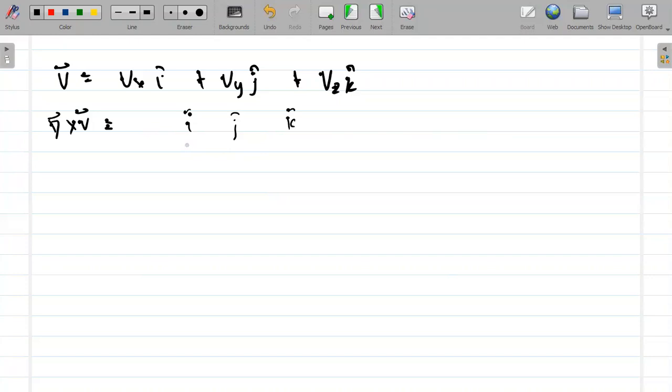Kukunin ko yung determinant ng matrix natin. So, partial x, partial y, partial z. Class, ito yung del, tapos sa second row, yung V: Vx, Vy, Vz.